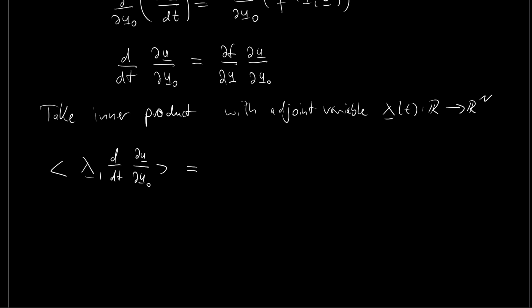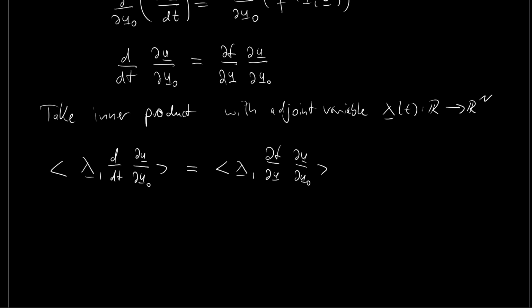And on the right-hand side, we will get the inner product of lambda and then df by du times du by du0. And we follow a similar strategy. We want to find an adjoint ODE problem in terms of lambda, which, if it is fulfilled, we will never have to evaluate the dense, ugly, expensive Jacobian here.